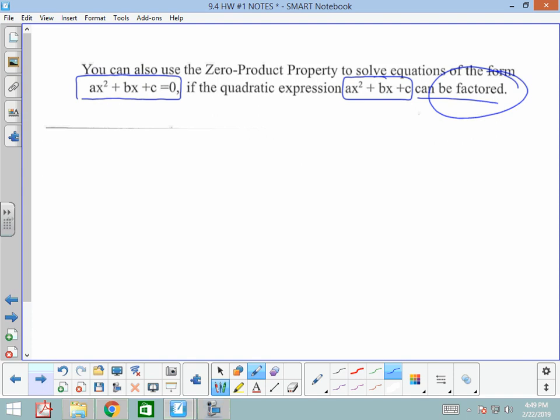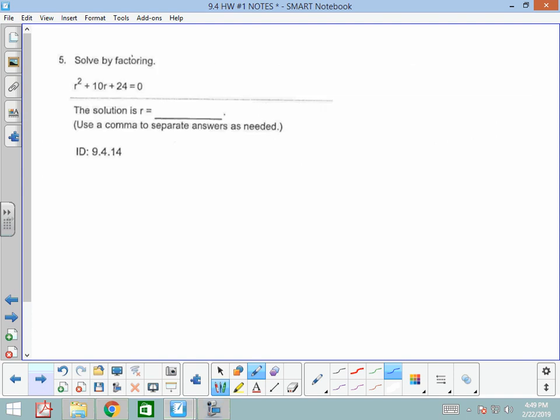So we have it equal to 0. This is what they call standard form. It's whenever you have the left side in order from left to right in descending order of the exponents, and then it's equal to 0.